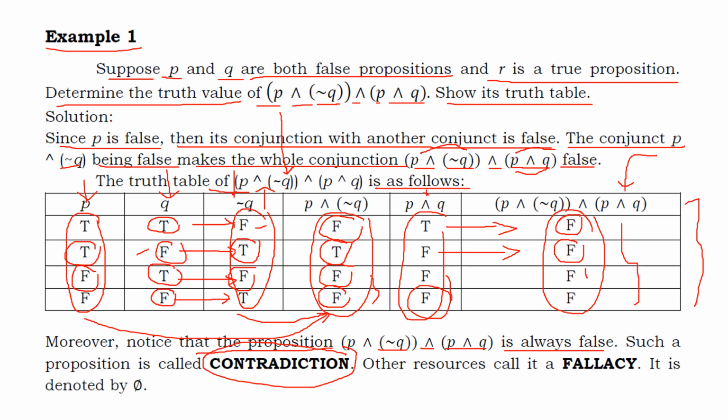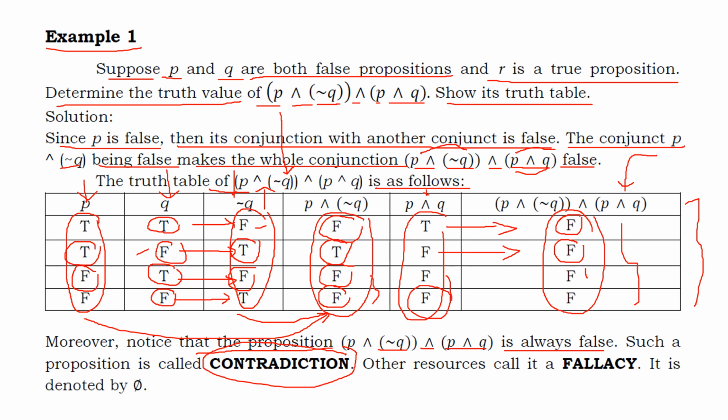Meaning to say, when your proposition is always a false statement, then that proposition is called a contradiction. So it occurs when those statements or propositions taken together yield a falsehood. That's how we use this contradiction.